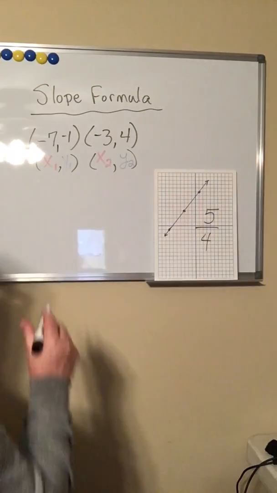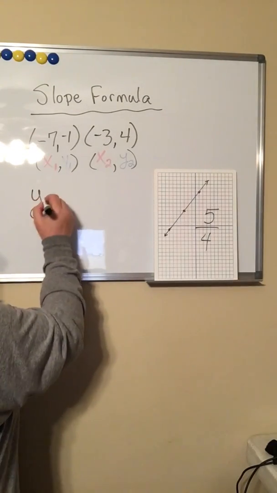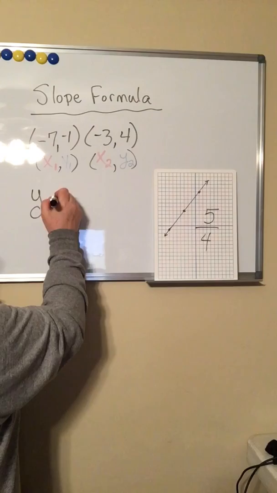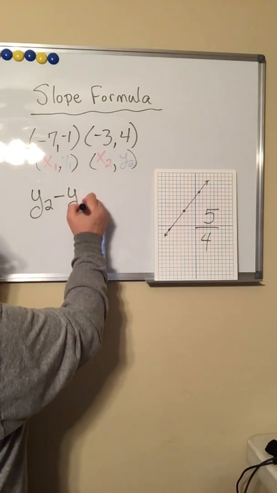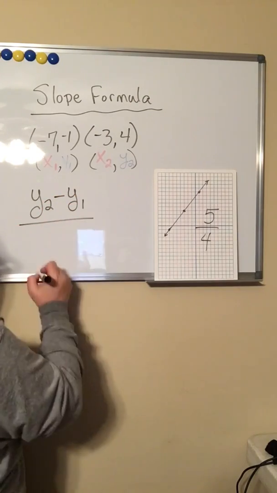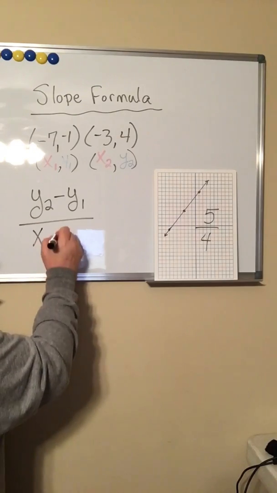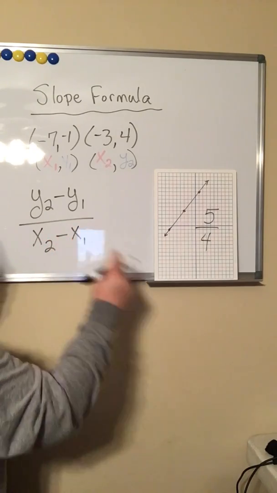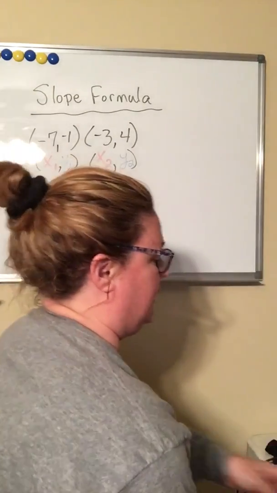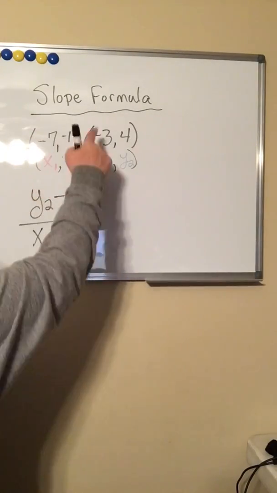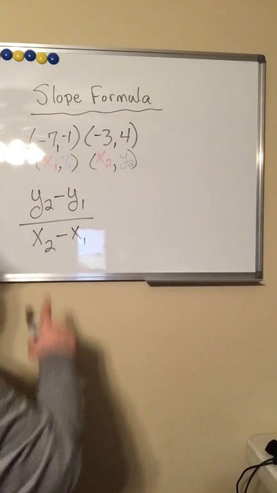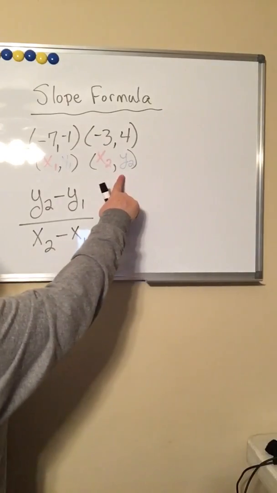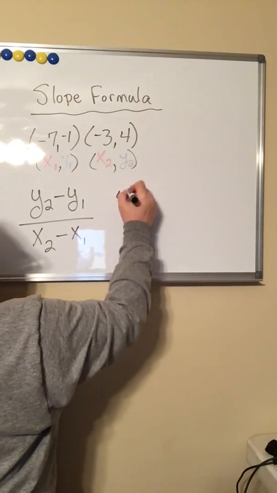All right, so here it is. y2 minus y1 over x2 minus x1. Okay? That's why you need to know who's y2, y1, x2, x1. Okay? So who's y2? In our case here, y2 is the 4.